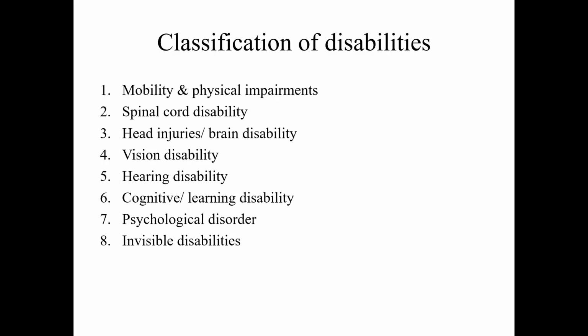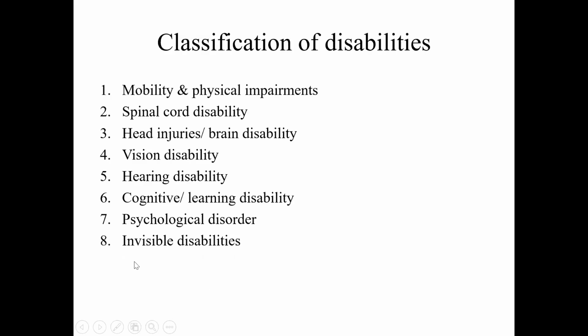Okay, so by getting all this information, that is the information about the activity of a person, participation of the person, or body function and structure of the person, after getting all these details, they will classify the persons into these categories.